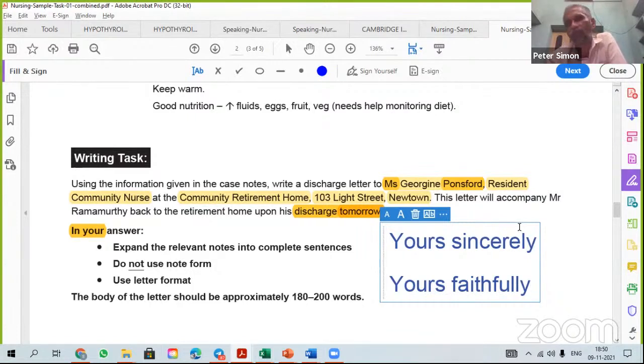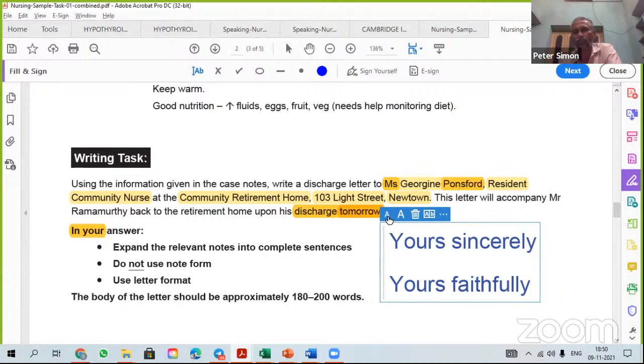If you are writing to a doctor, you can say dear doctor. If you are writing to a manager, dear manager. If you are writing to a supervisor, dear supervisor. If you don't know to whom you are writing, for example a community health center, then dear sir. You don't know the name of the person or the profession, so you say dear sir, and also write yours faithfully.